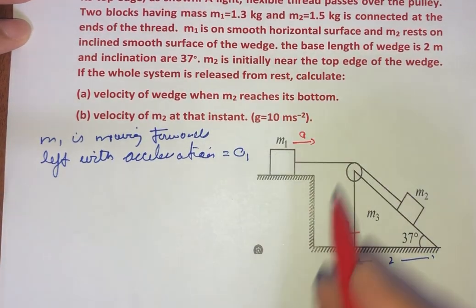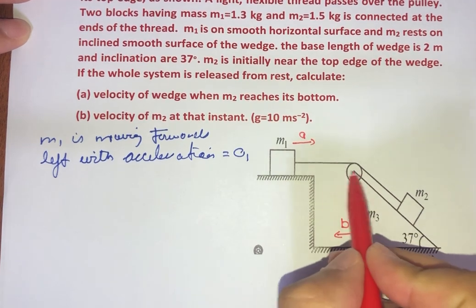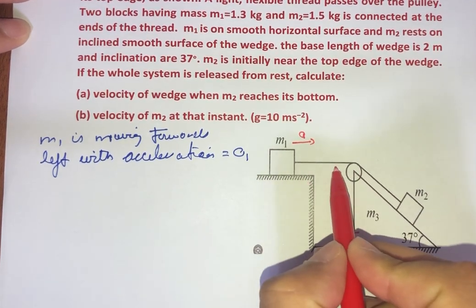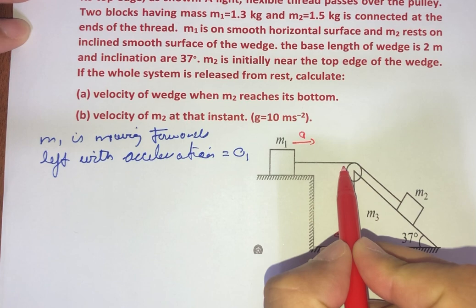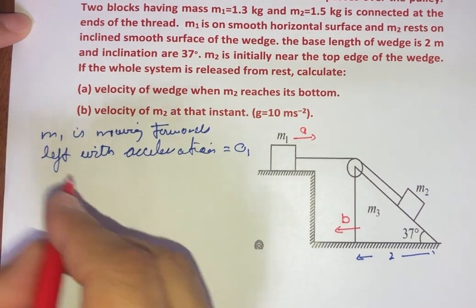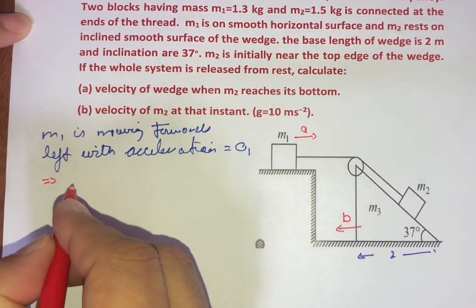So because of that, what is going to happen? There is a slack in the string which is connected with M1.